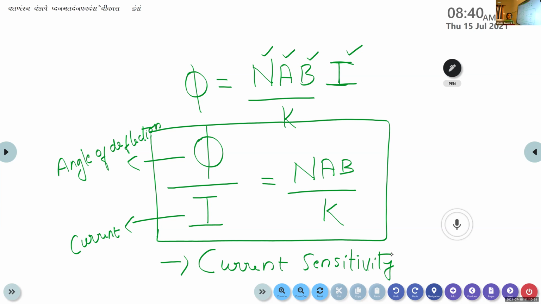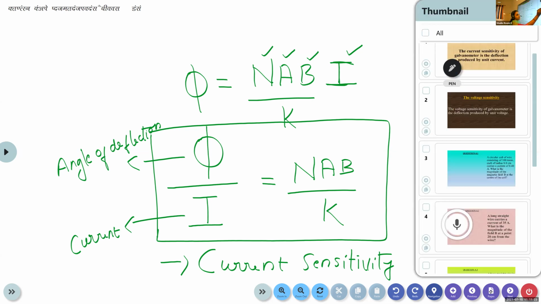Then students, can you make a definition for voltage sensitivity? The deflection per unit current is known as current sensitivity. Then what do you mean by voltage sensitivity? Any guess? Deflection per unit volt. Yes, exactly. It's right. The deflection per unit voltage is known as voltage sensitivity. So that is what we are going to discuss next.